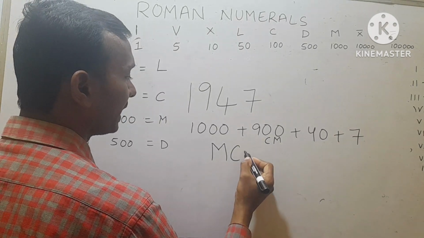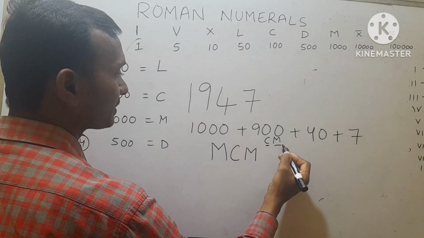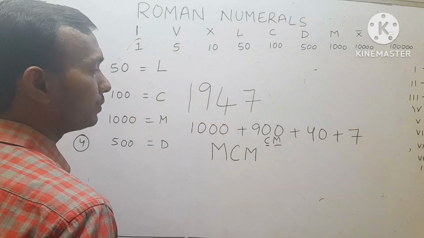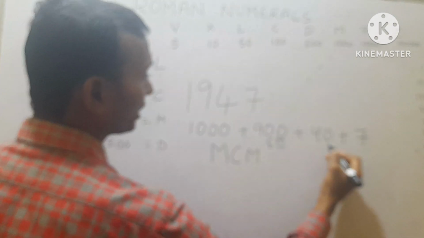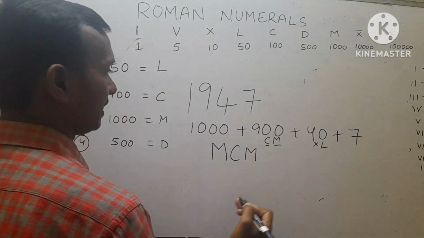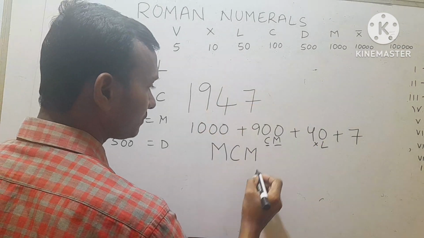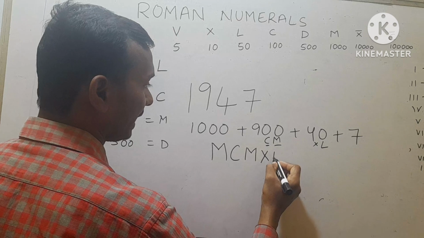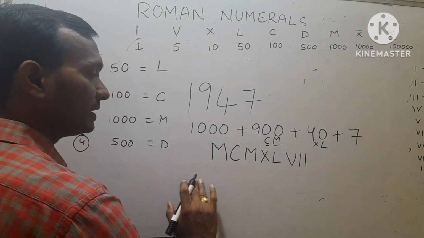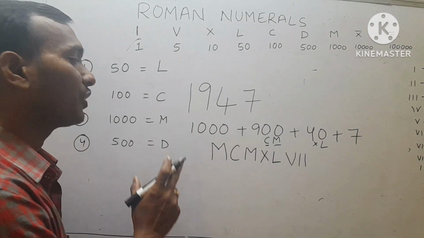That will give you 900. If you write a smaller number before a larger number, we have to do subtraction. 1000 minus 100. That will give you 900. 40 means 50 minus 10. If you write a smaller value before a larger value, we have to subtract. So 40 means XL. 7 means we know 5 plus 1 plus 1. So this is the way we can represent 1947 in Roman numerals.